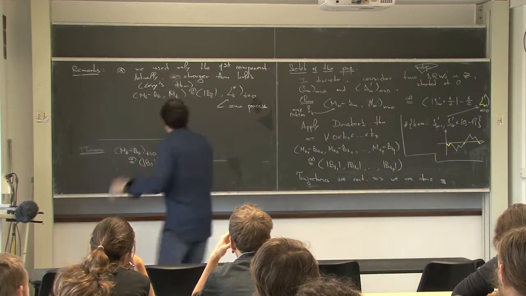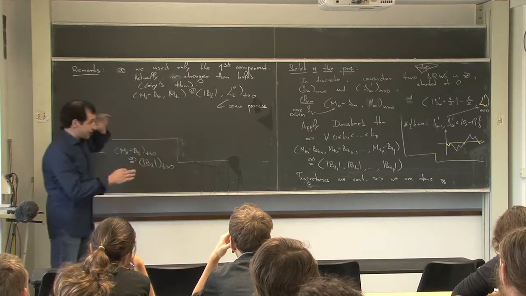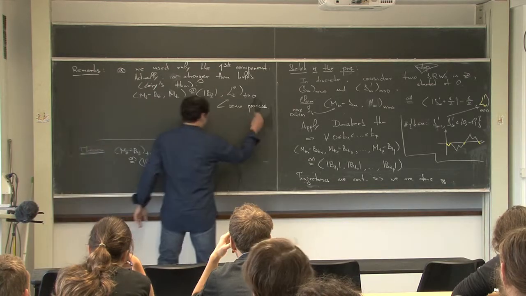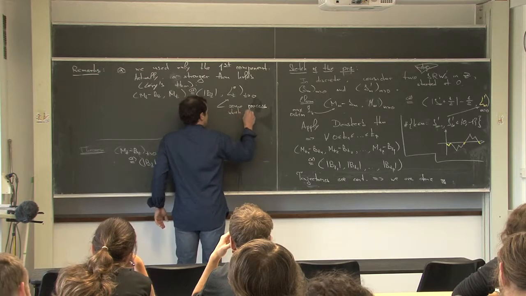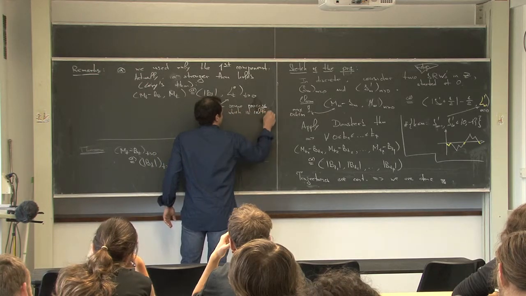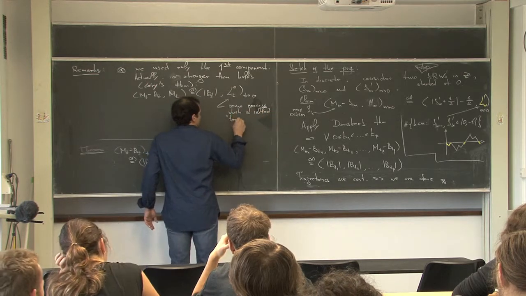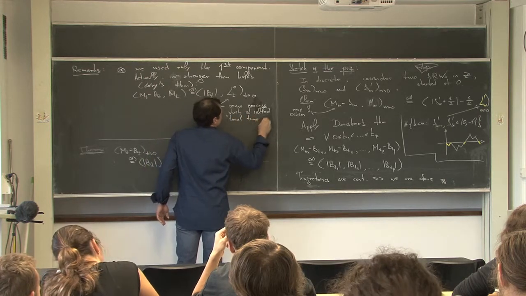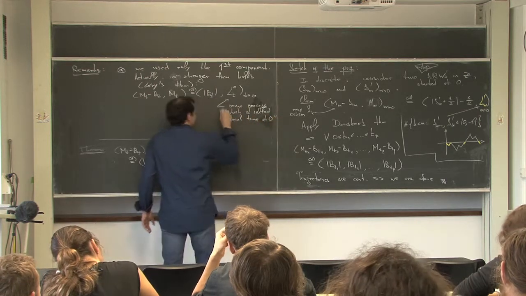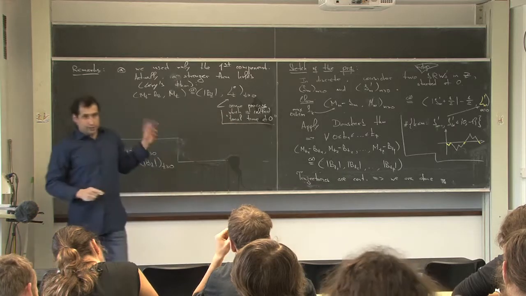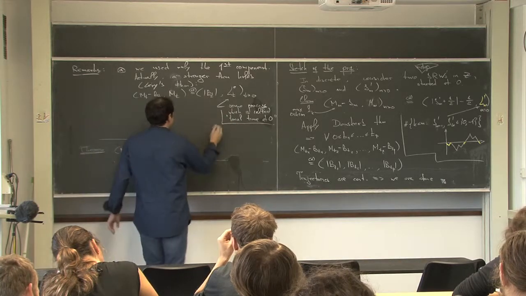Or maybe some other thing. I'm going to discuss it a bit at the end of this lecture, some process which is called local time at 0. So we are going to discuss this in more detail.